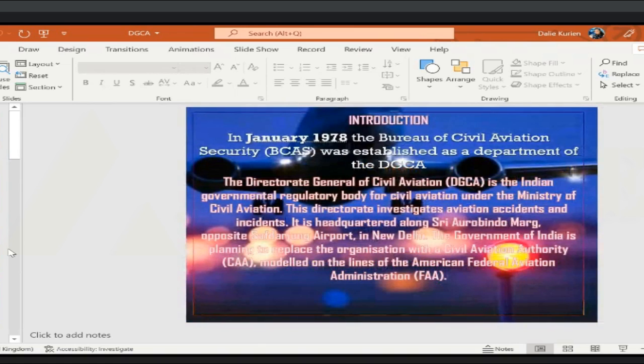In 1978, the Bureau of Civil Aviation Security was established as a department of DGCA. Before that, DGCA was the only one taking care of it. Everything was on DGCA's head. Later on, DGCA got tired. So they started a new organization, which is BCAS, the Bureau of Civil Aviation Security, where only security comes up.